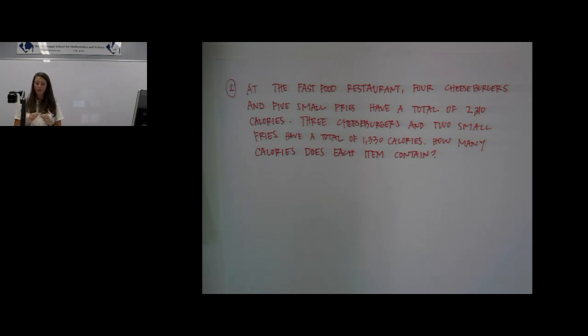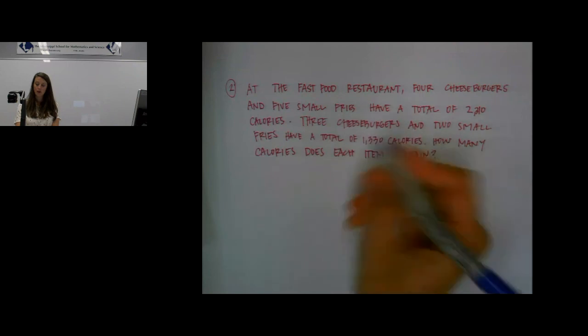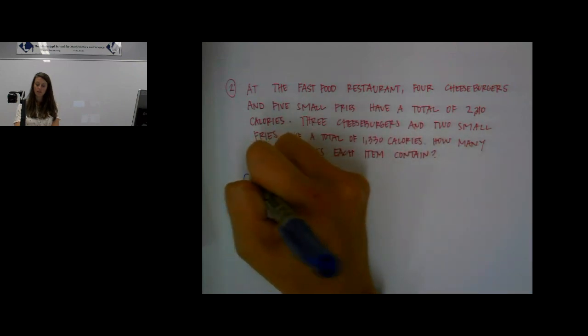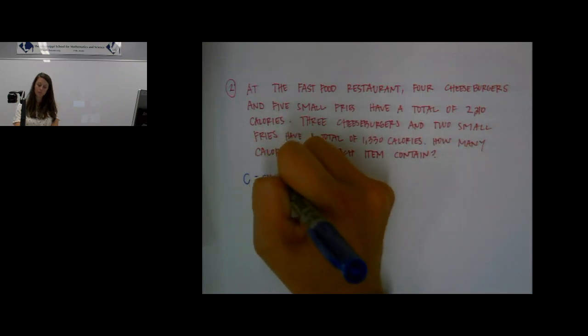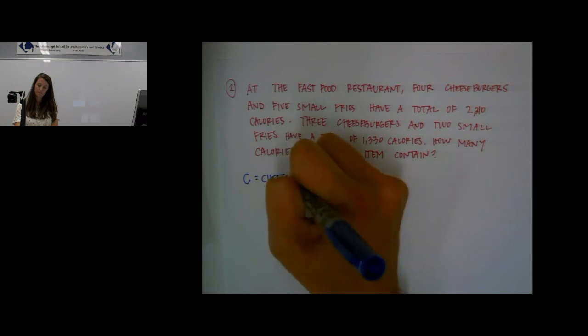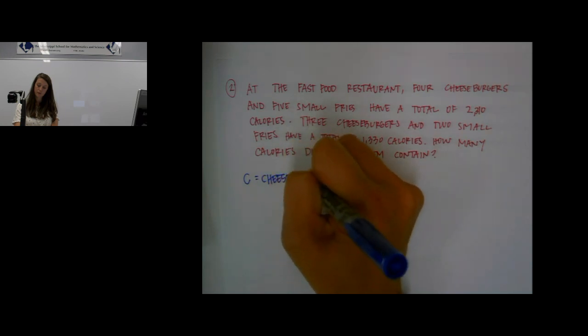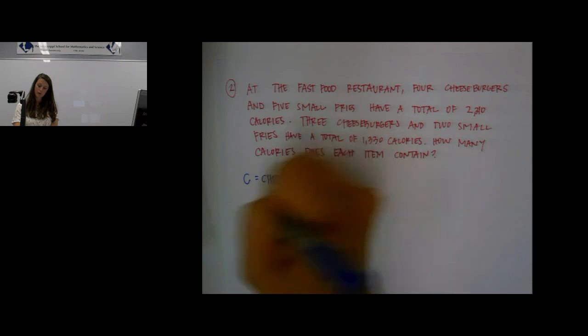All right, so first, I need to label the things that I have. I've got cheeseburgers and I have fries. So let's call that C for cheeseburgers, and let's call it F for your small fries.